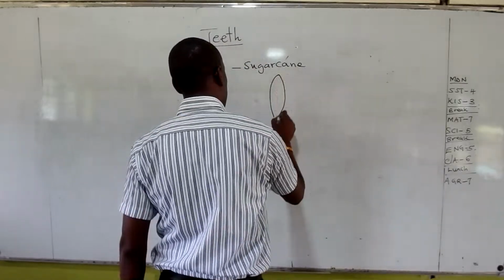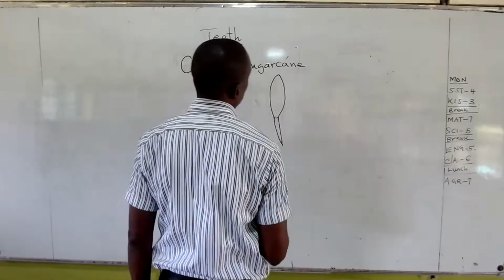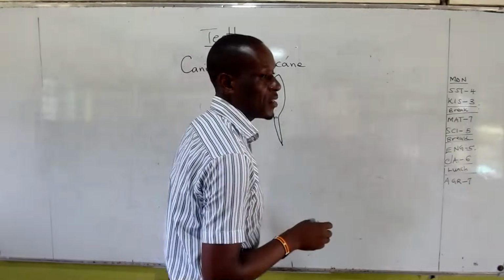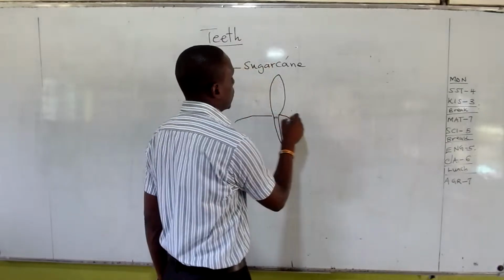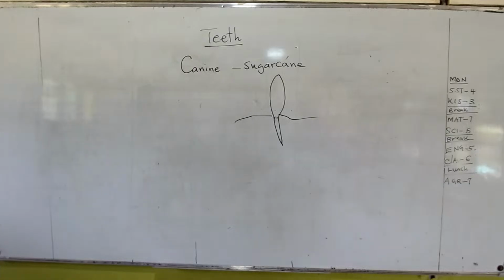The canines are sharp, pointed, and with what? With one root. So that is a canine, a tool that is used for tearing food. Are you together? Are you together?